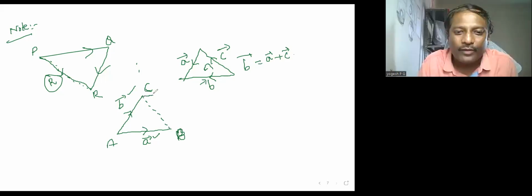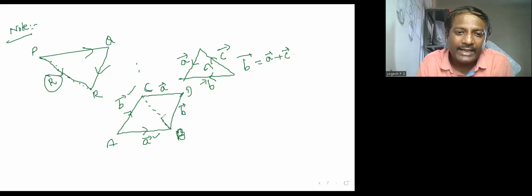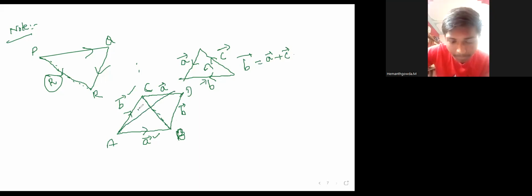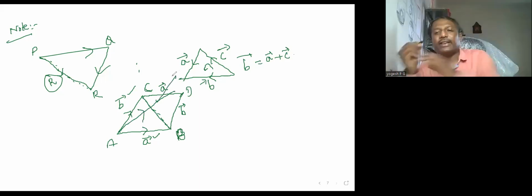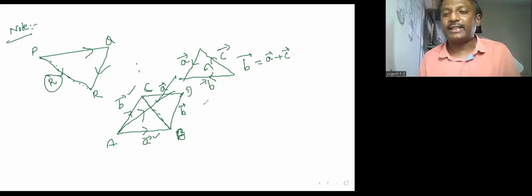So you draw one more vector parallel to B and parallel to A, and you will get something like D. Now, does the diagonal BC give the resultant, or the diagonal A to D? A to D gives the resultant. Good. I think you got my point, right?